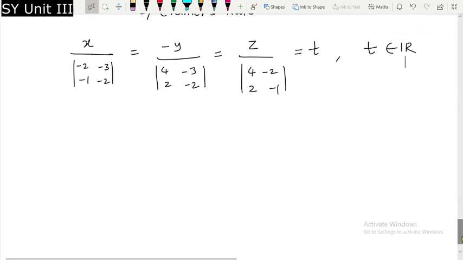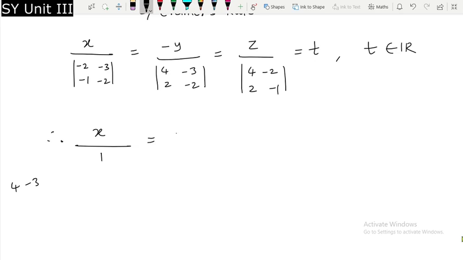So therefore what you are going to get, x upon the determinant, it will be 4 minus 3, am I right? So 1, which is equal to minus y upon, it will be minus 8 plus 6, isn't it? So 6 minus 8 is minus 2, so it is going to be minus 2, which is equal to z upon, it will be minus 4 and plus 4, I guess, and it is going to be 0.